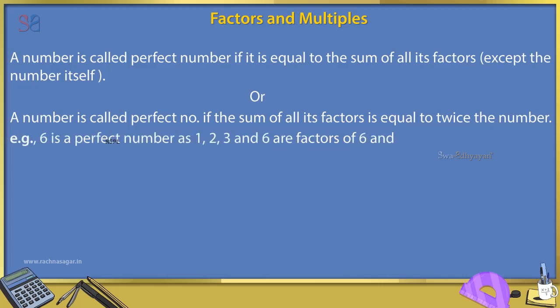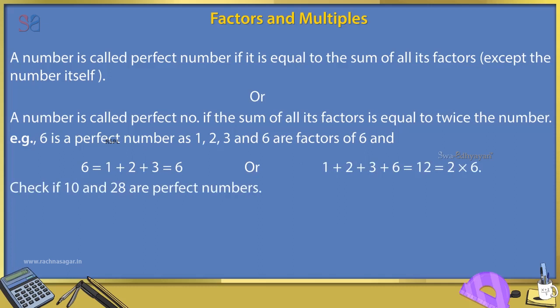Example: 6 is a perfect number, as 1, 2, 3 and 6 are factors of 6, and 6 is equal to 1 plus 2 plus 3, which is equal to 6. Or 1 plus 2 plus 3 plus 6 is equal to 12, which is equal to 2 multiplied by 6. Check if 10 and 28 are perfect numbers.